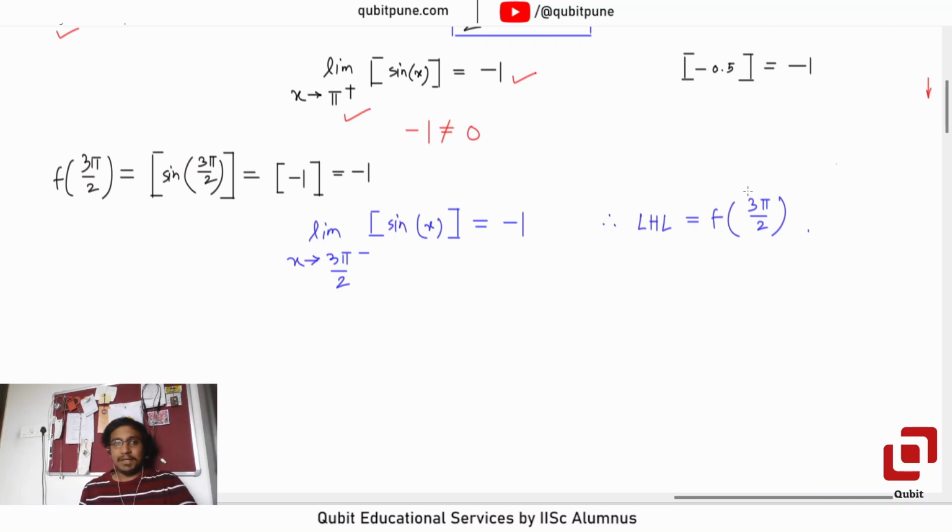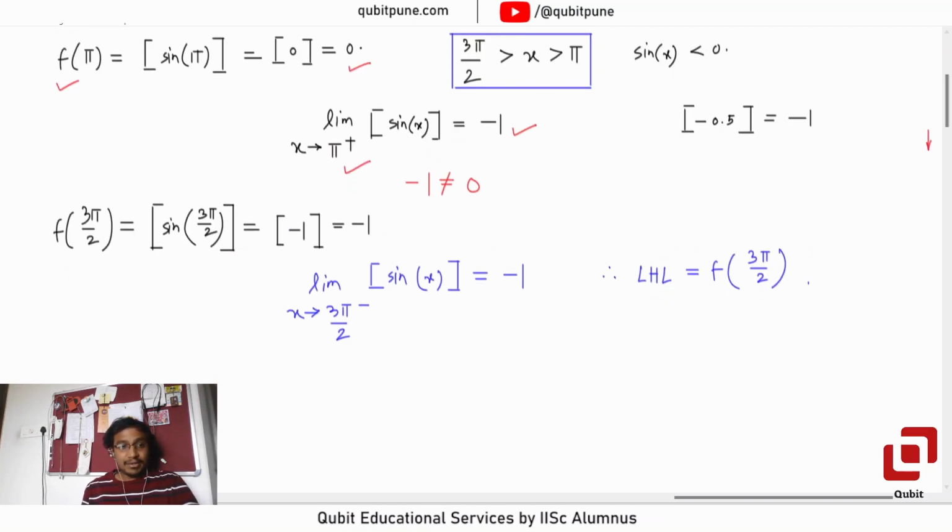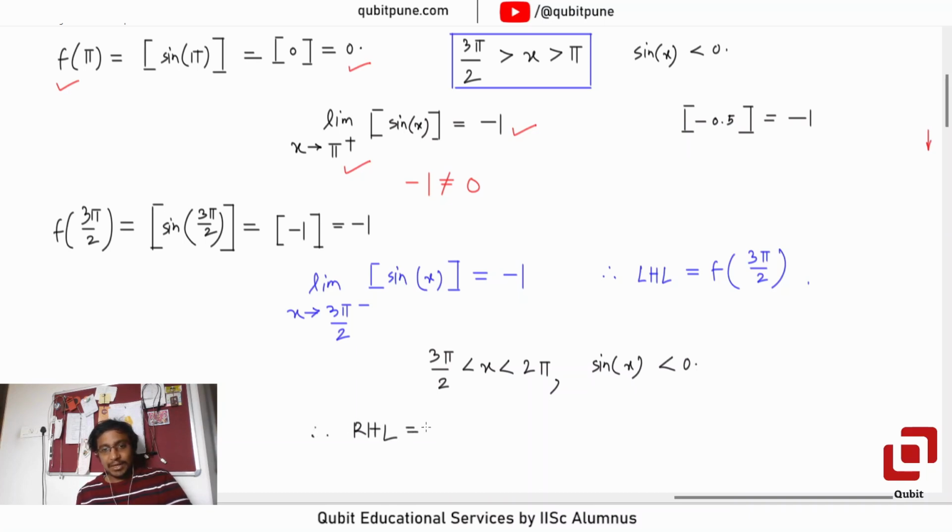The left hand limit is equal to f of 3 pi by 2. Now let us go for the right hand limit. There is no need to write it, because as long as x remains in between 3 pi by 2 and 2 pi, sin x is negative, which means the right hand limit is also negative 1.